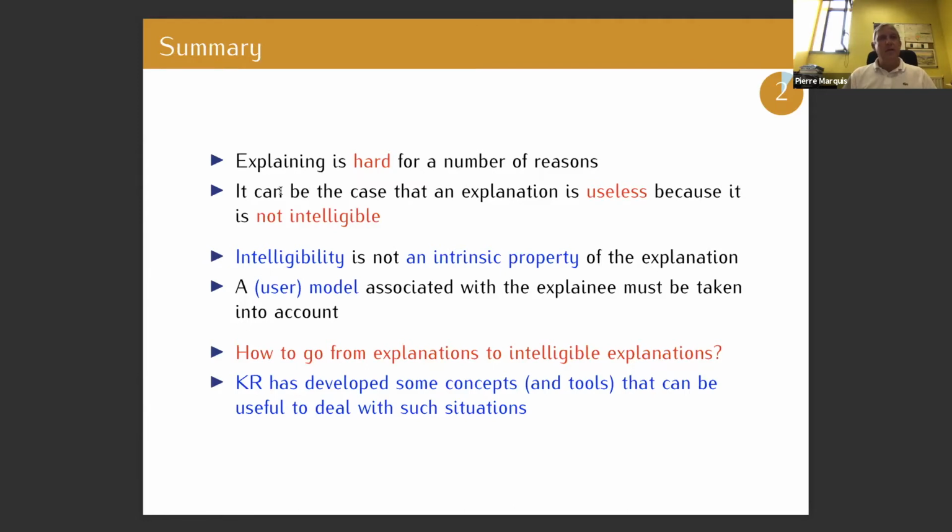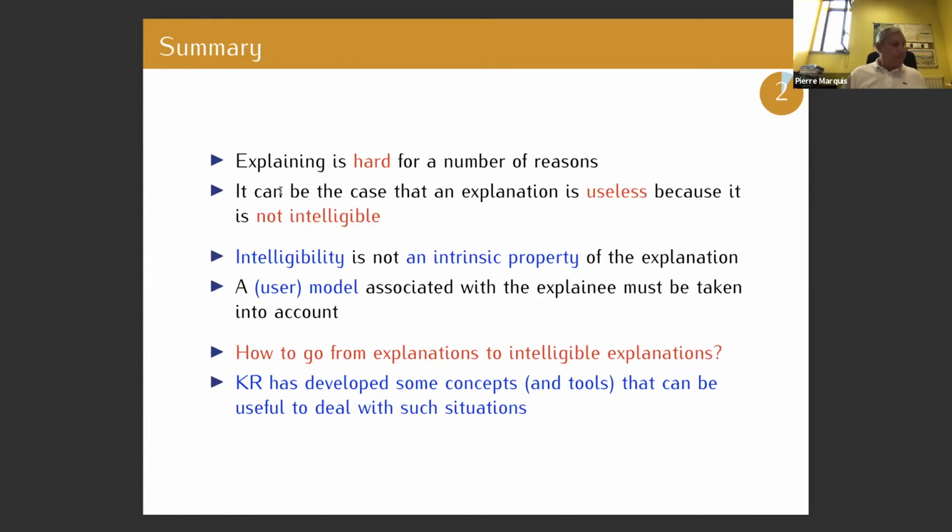So in this work and in this talk, I would like to show how to go from explanations to intelligible explanations, at least to show an approach to handle this issue. And I would like also to show how KR has developed some concepts and also some tools that can be useful to deal with such situations.